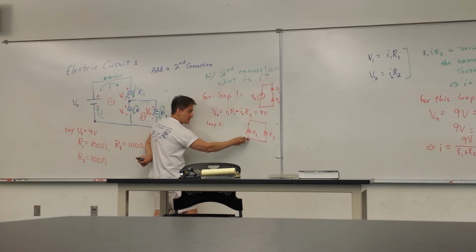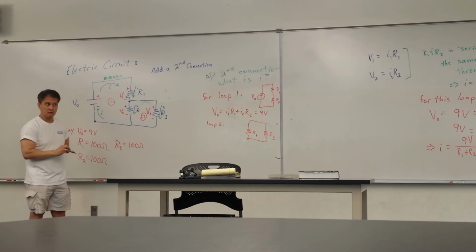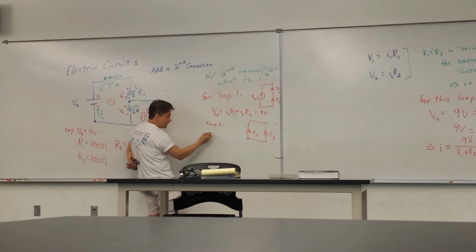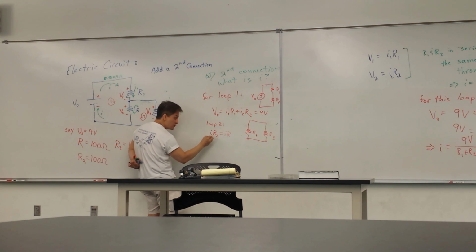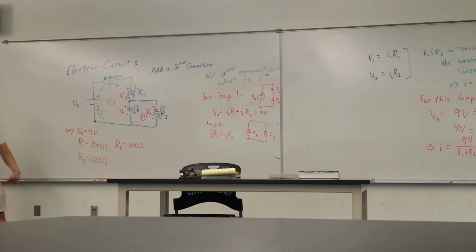I'm going to start here, and I'm going to walk my way around. So, what do I know? Well, I know that I2 R2 will be equal to I3 R3. They have to be equal. The voltage rise equals a voltage drop in magnitude.